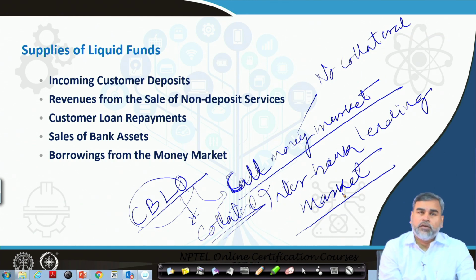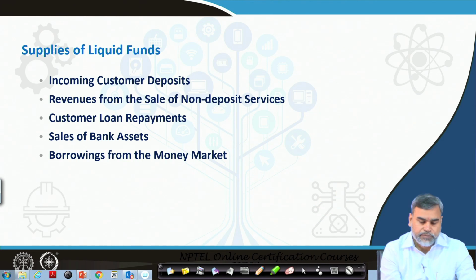So, this is another source from where the commercial banks can raise liquid funds to fulfill the requirements.